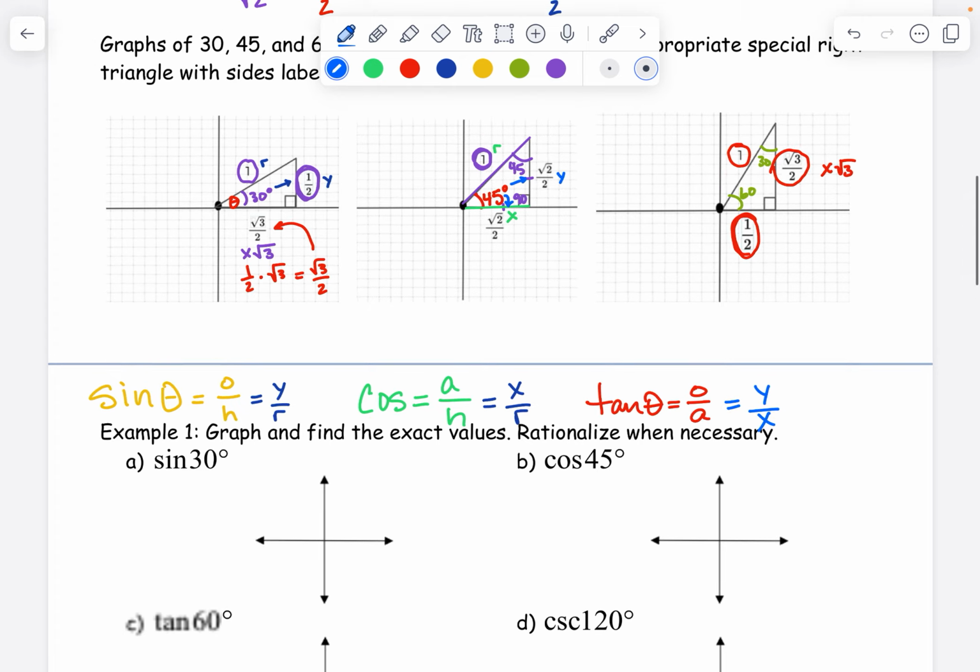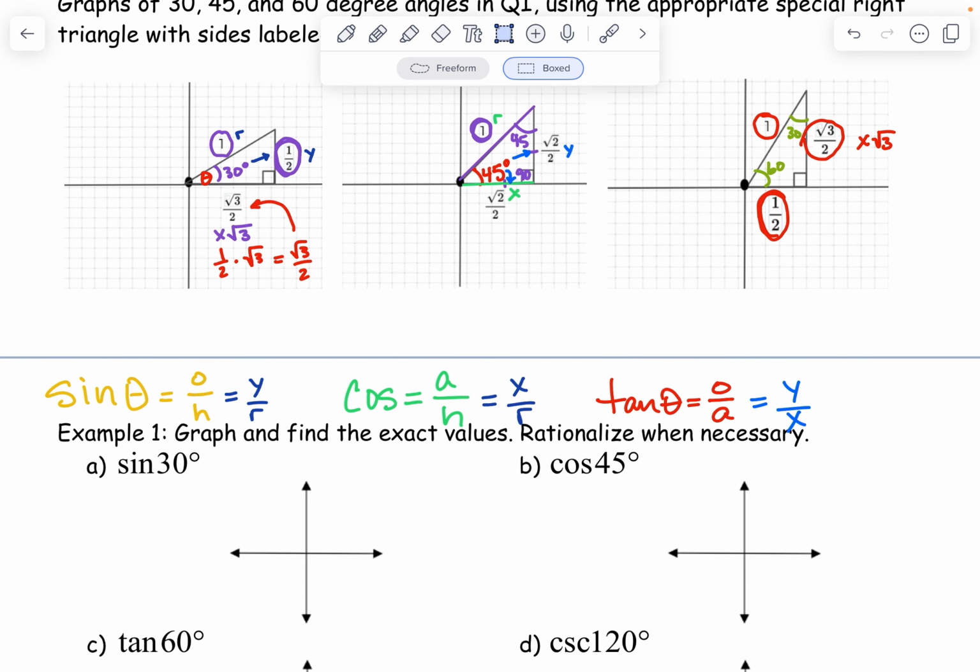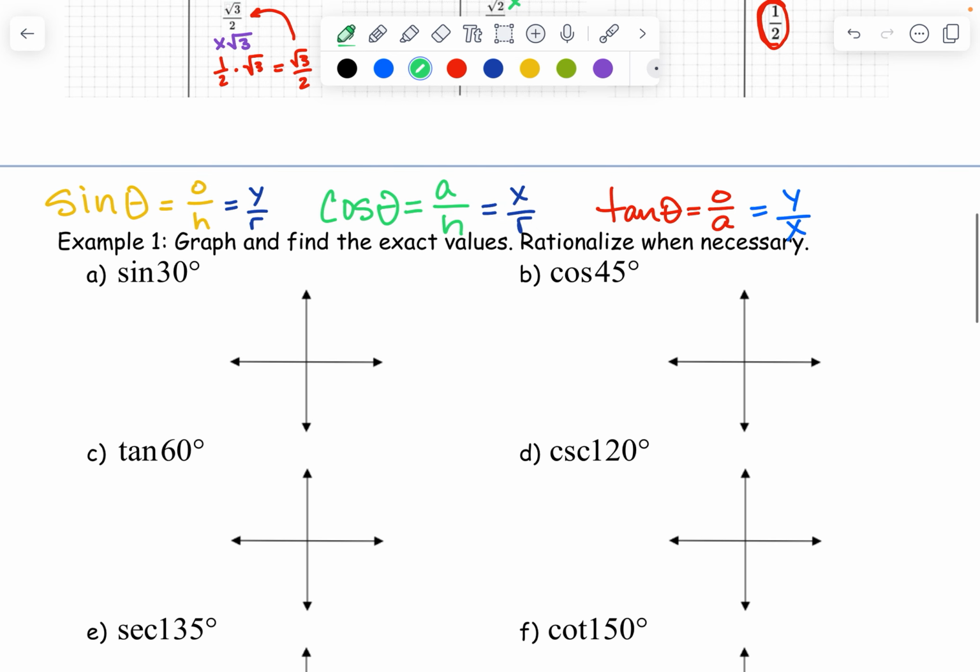Now, one thing is that when we're dealing with the unit circle, r is always 1, okay?